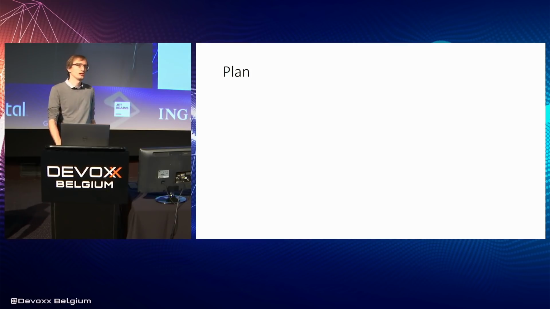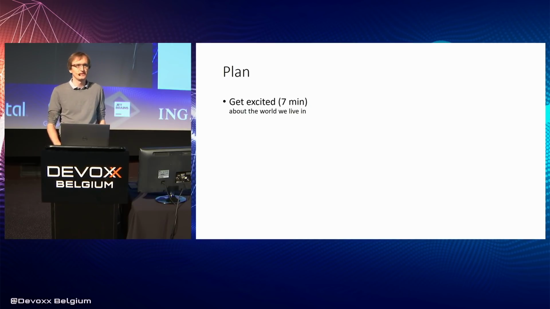The plan for our talk is first to get extremely excited, and we are dedicating 7 minutes especially for that, because the world of technologies that we are all contributing to with our code simply deserves that.